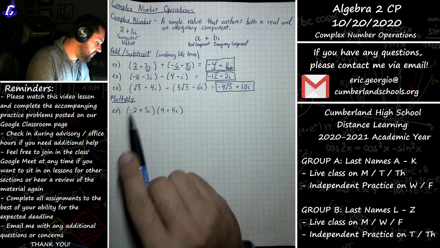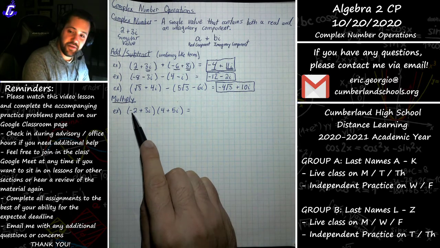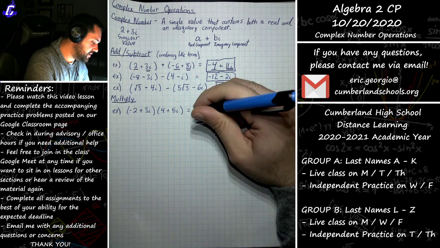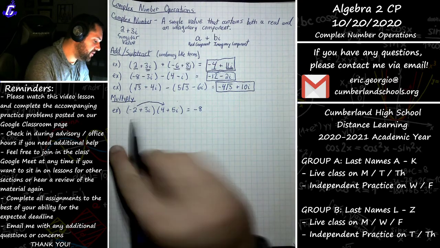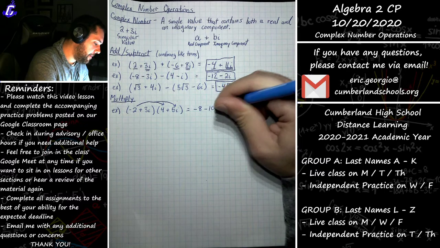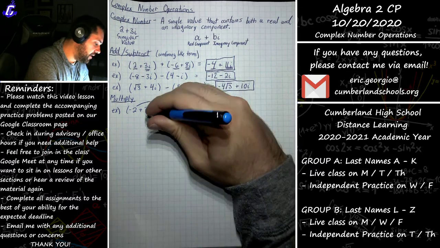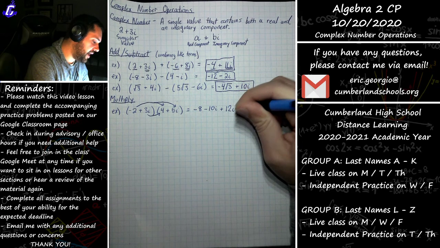Okay, so in order to do this, let's do it. Negative 2 times 4 is going to be negative 8. That's our first. Negative 2 times 5i is going to be negative 10i. Inner, 3i times 4 is going to be plus 12i.